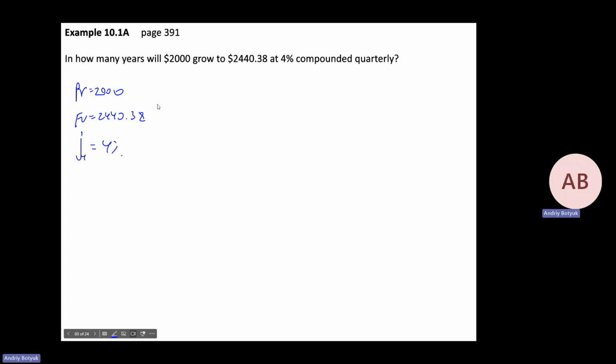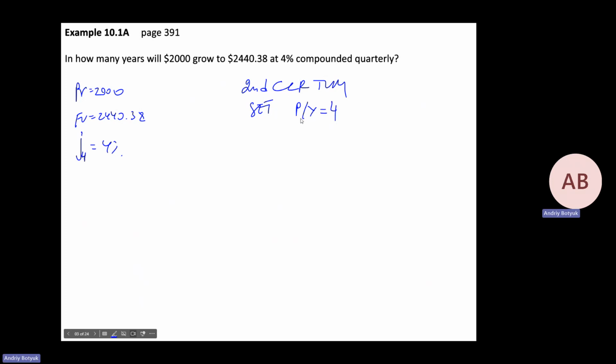So calculator. The algorithm is very similar to what you already know for future and present value calculation. So you press second, clear TVM, then you set PY as 4, so you let the calculator know how often you compound, right?